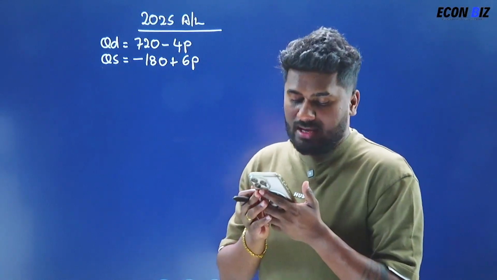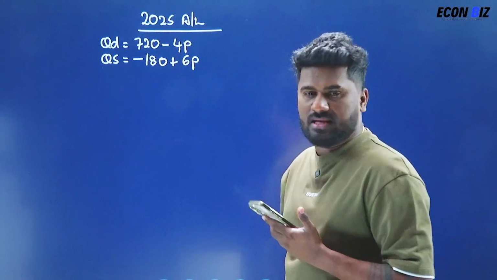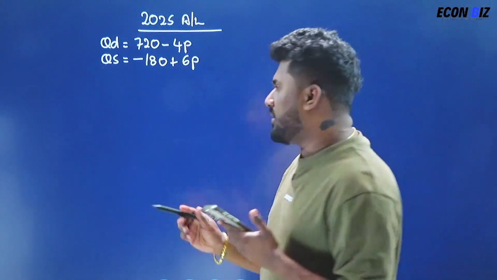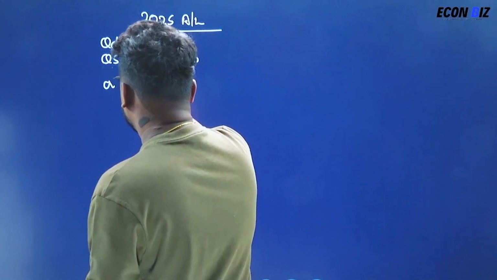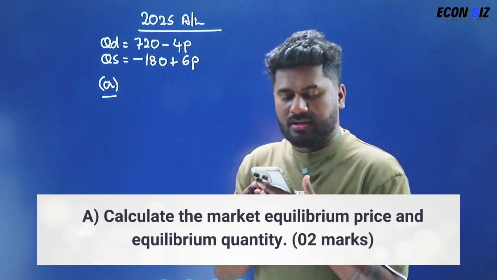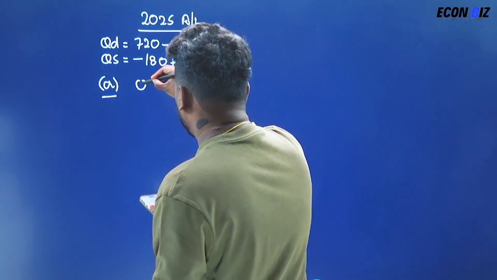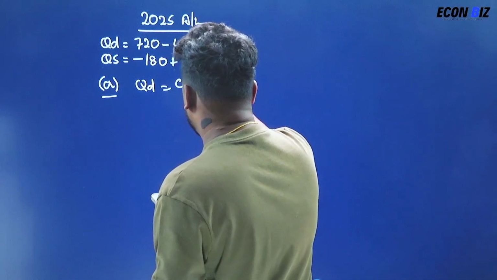Right. So as they are giving their demand equations and supply equations like this, let's go to part A. They are asking to calculate the market equilibrium price and market equilibrium quantity. So you know how to compute the market equilibrium price.